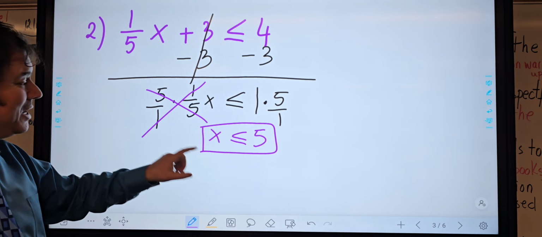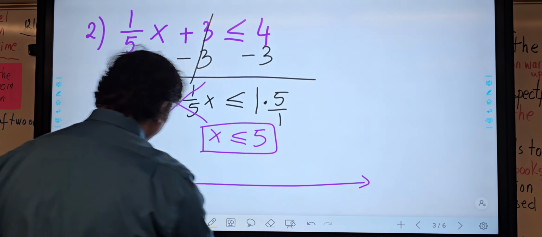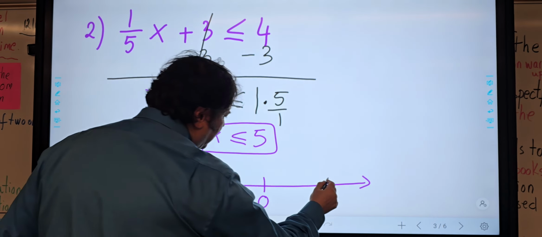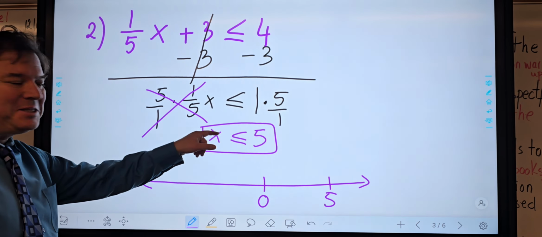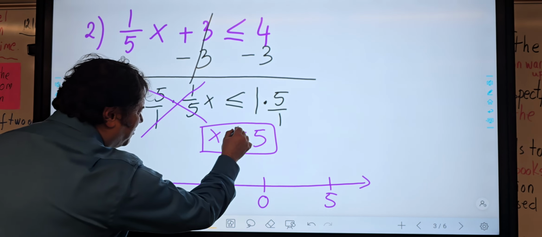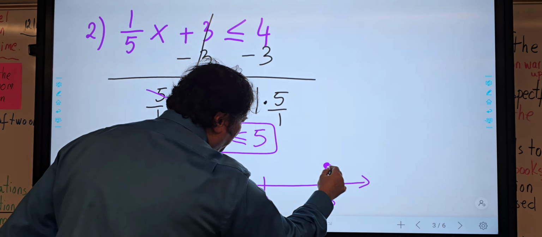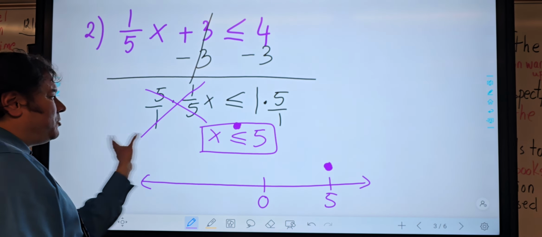Because this is an inequality, on the number line we go to positive 5. So let's say positive 5 is here. In this case, we have less than or equal to. Remember, we are going to have a closed dot. So at 5, we have a closed dot. And now, following the arrow, we go to the left.